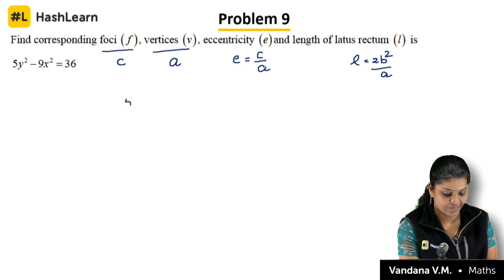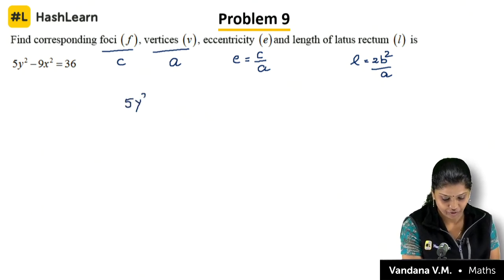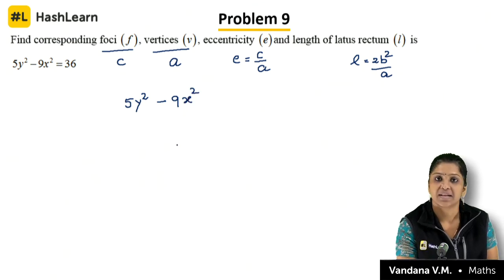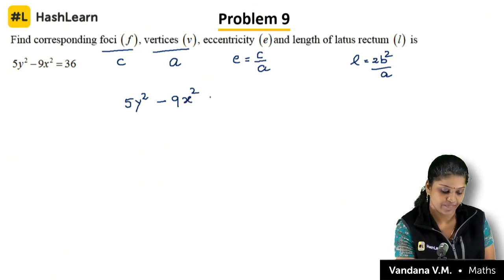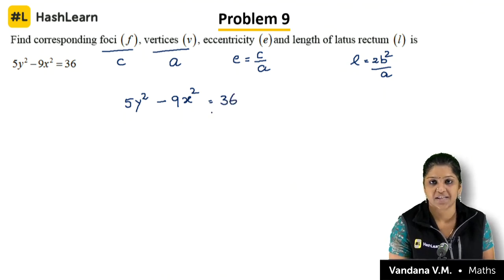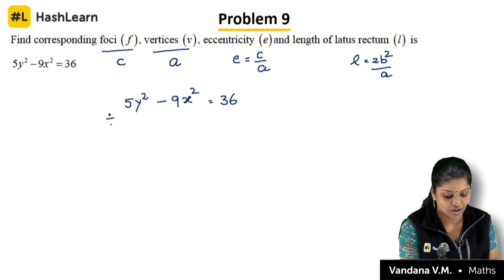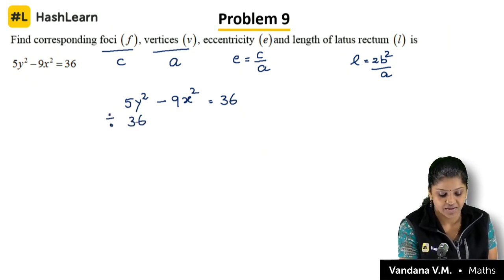Now, take the equation 5y square minus 9x square is equal to 36. It is not in the standard form, right? It should be equal to 1. So, I am trying to bring the given equation in the standard form.